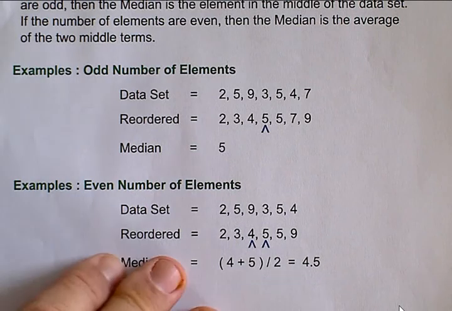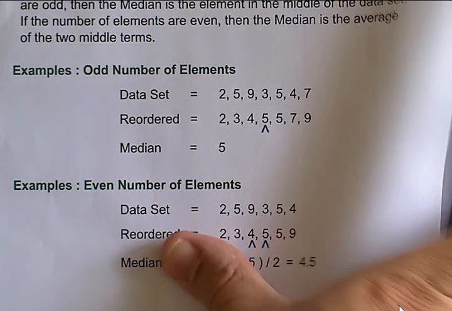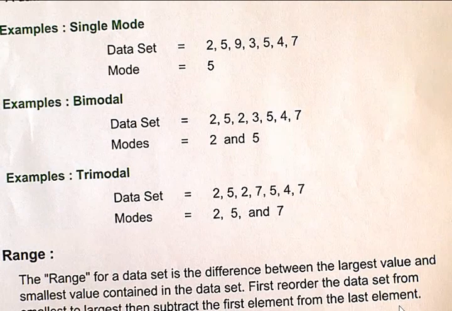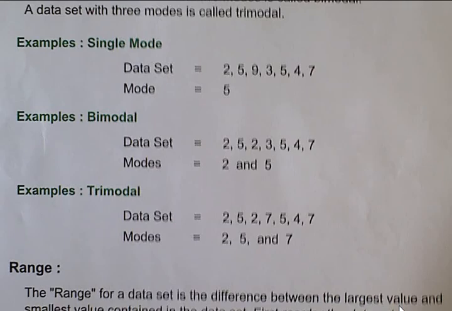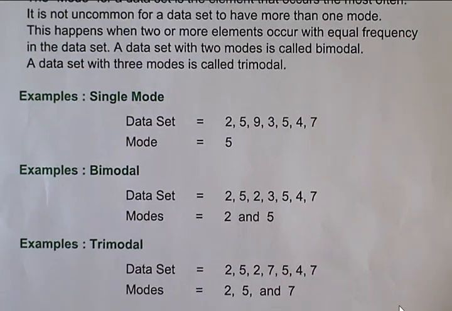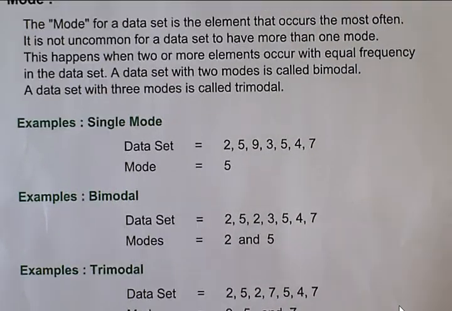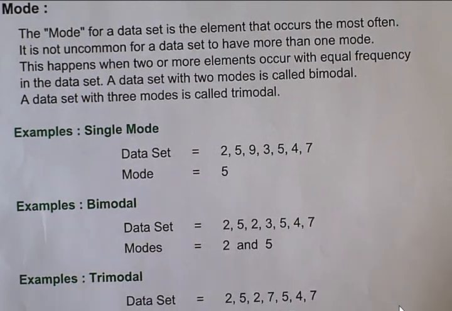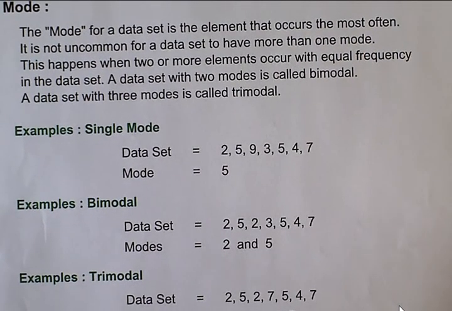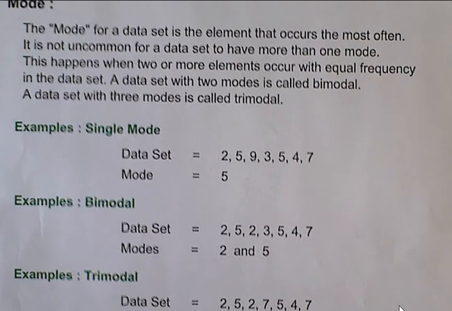The next one is the mode. The mode basically stands for the most often occurring data element. It is the number that repeats the most.